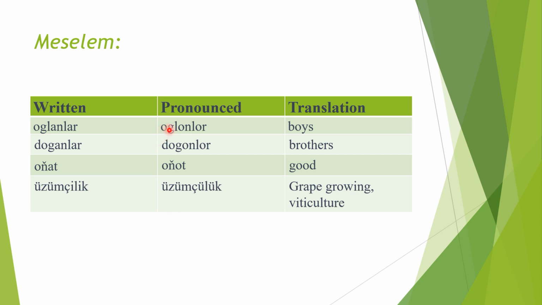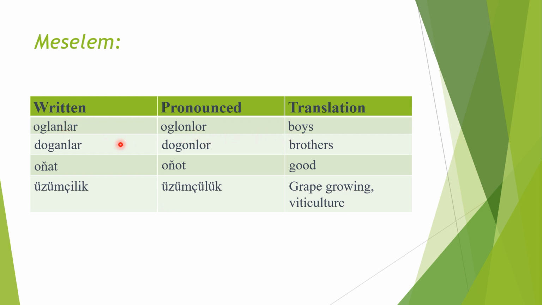Okay, oğlanlar, and pay attention, this is not g. This is not in the beginning of the word. If it's in the beginning of the word, that would be g, but now it's ğ. Oğlanlar, boys. Even the suffix lar, the plural suffix, we make it round.